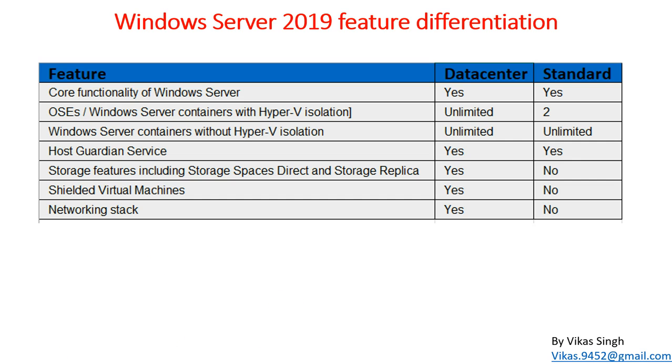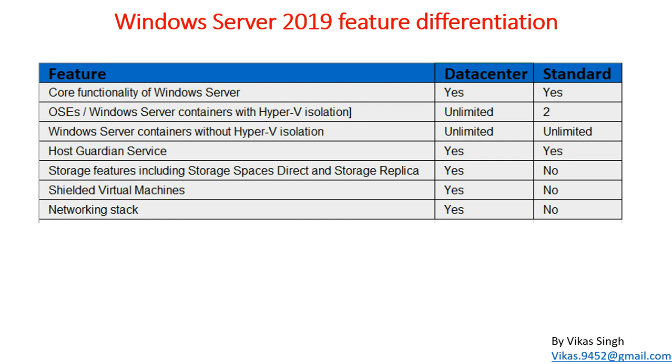So for sure, if you want to use the maximum features of Windows Server 2019, you have to go with Datacenter if you want to use all the advanced features. But when you are deciding on buying the license, you have to make sure what features you need to use in your production, so you can think about all the things, and then you can go and buy the license.